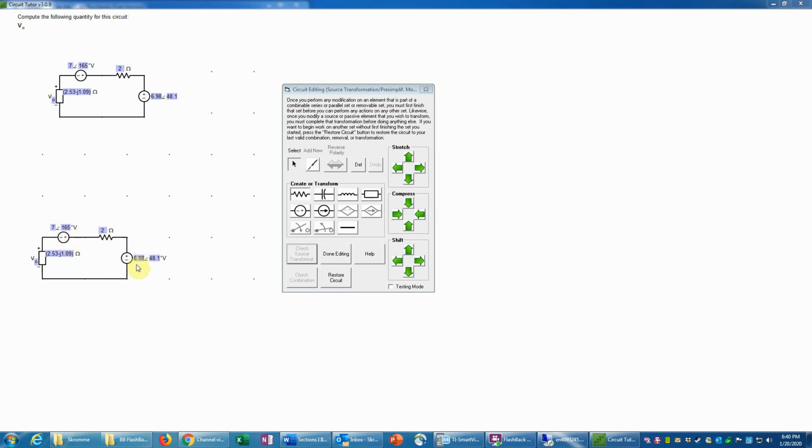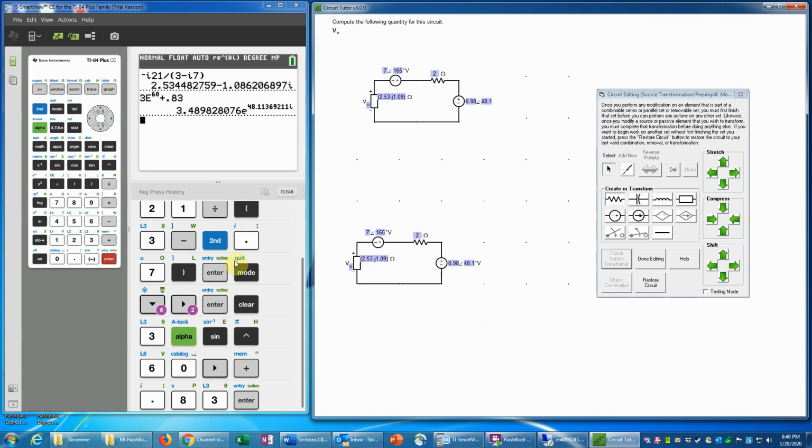So I need to subtract, and let's, for convenience, keep this one because that'll have a positive sign convention compared to the V naught. So I'm going to add these two. I'm sorry, subtract this one from this one is what I meant. So we'll do that on a calculator. And so now I need to, again, I want the result here to be in polar form since I'm computing a source value.